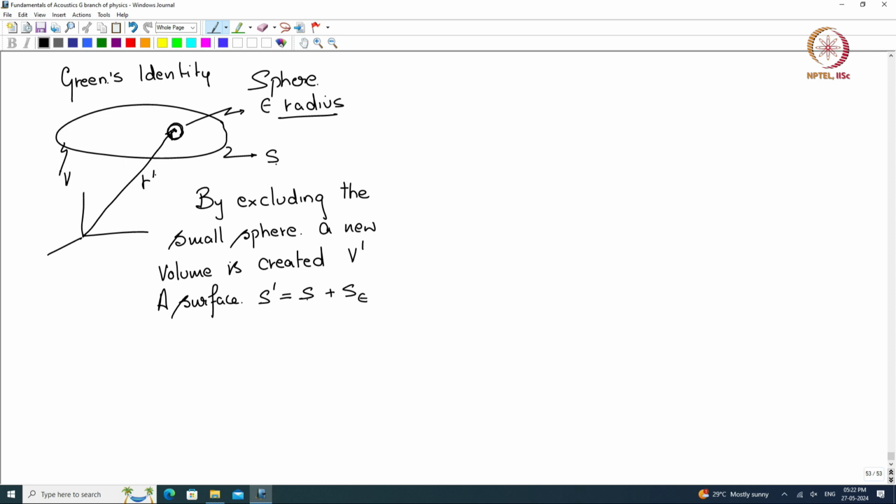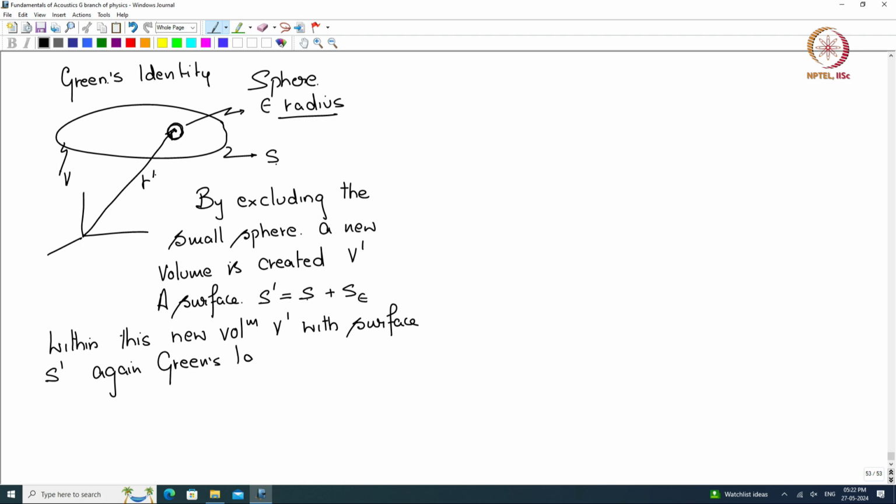Now within this new volume, V dash with surface S dash, again Green's identity is valid.